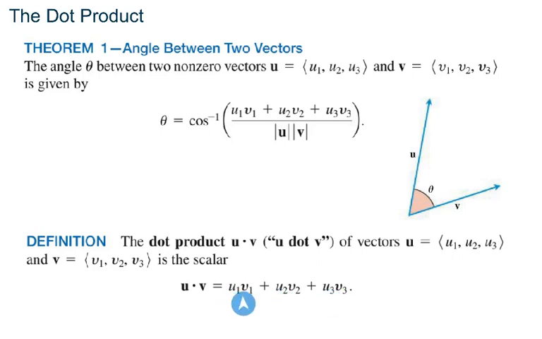So u sub 1 times v sub 1 plus u sub 2 times v sub 2 plus u sub 3 times v sub 3. So you see this right here is the same as what we have written up above. Really, this is the same as writing u dot v.